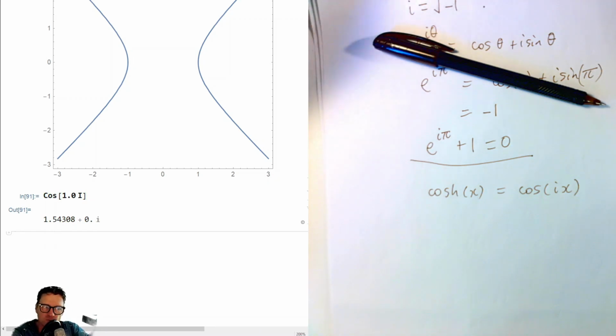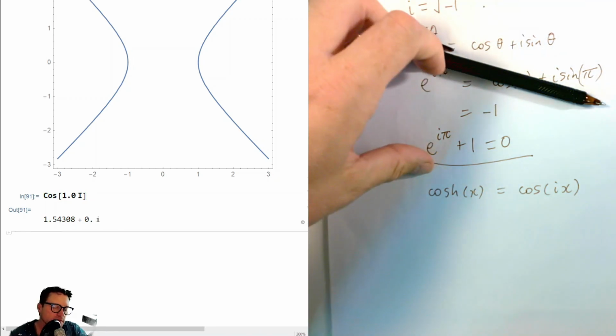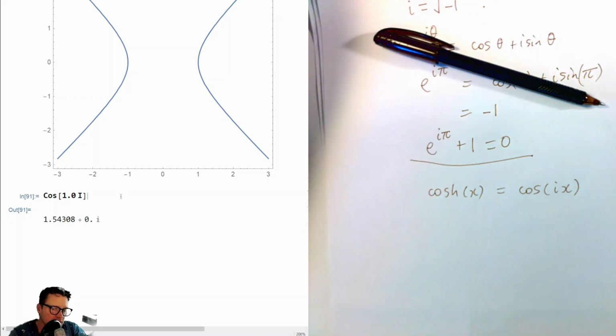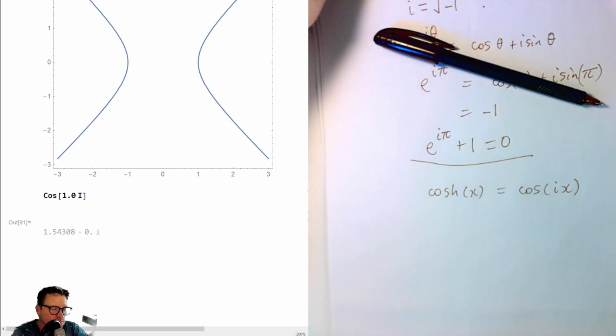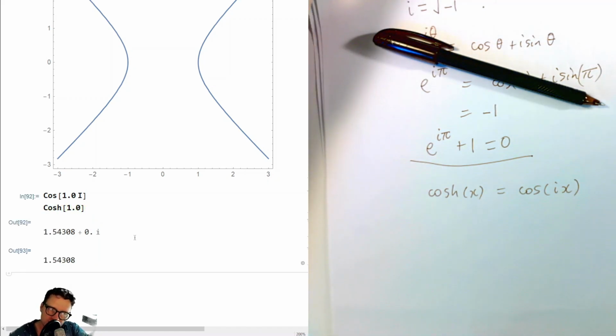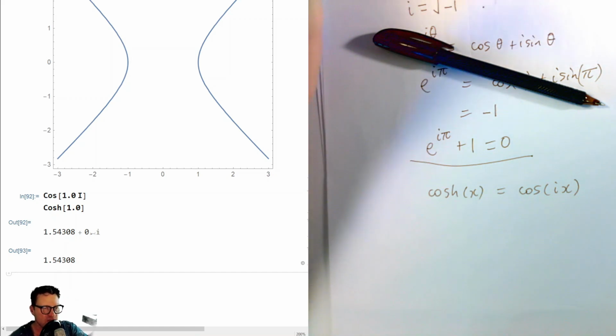Okay, so we get 1.54308 and so on. So now below that, let's try cosh of 1.0. Okay, we also get 1.54308, but we don't have the imaginary part.